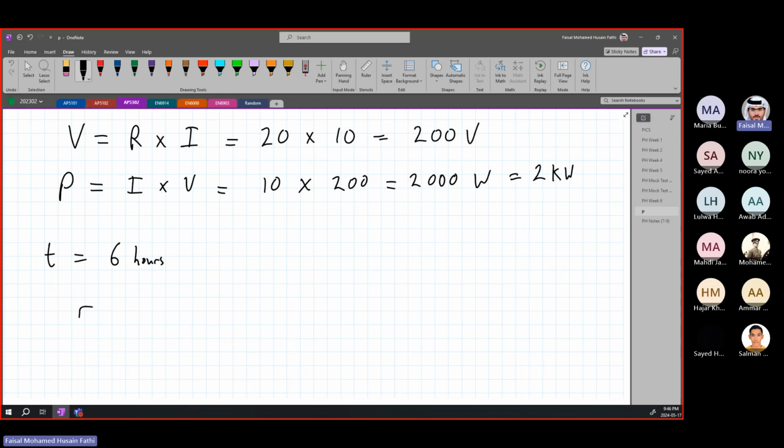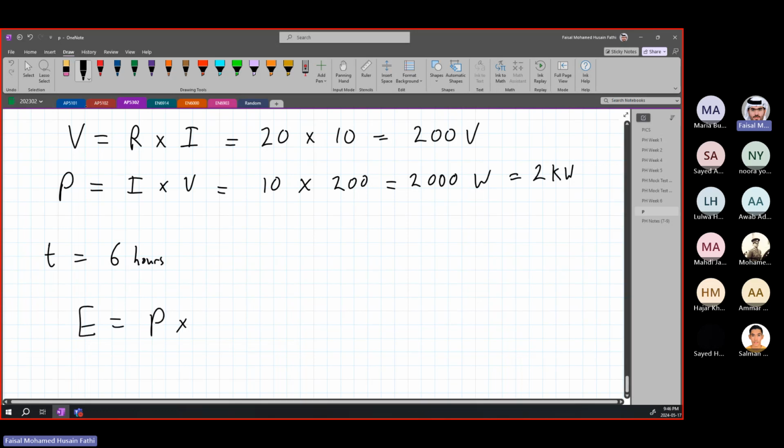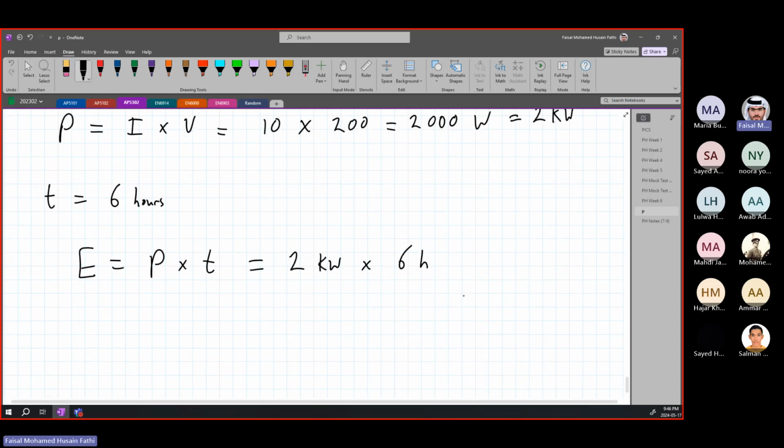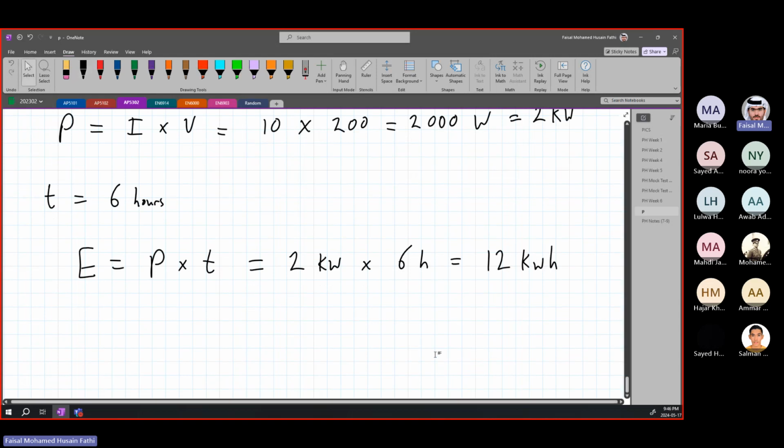So we know that energy is equal to power times time. Since this is already in kilowatts, let's keep it in kilowatts. So 2 kilowatts times 6 hours. If you multiply this directly, you're going to get 12 kilowatt hours, which is the unit that we want, because that's what we are trying to find. When it's relating to cost, most of the time it is going to be given in kilowatt hours.